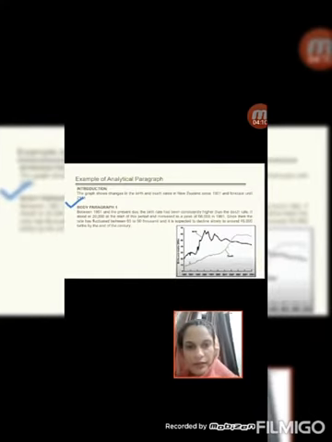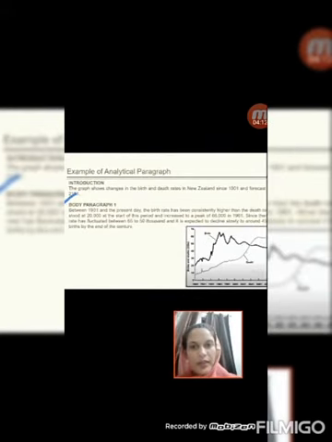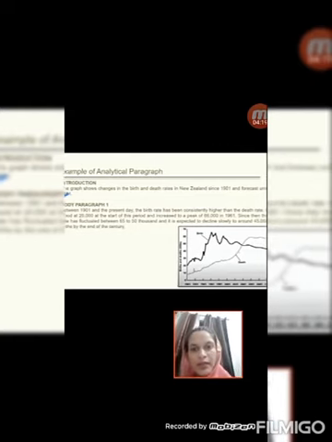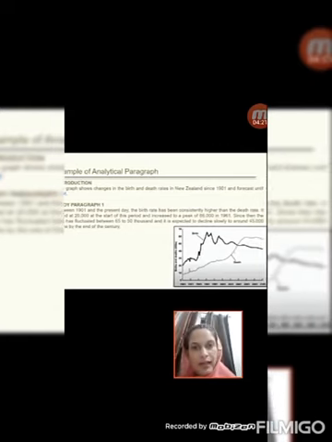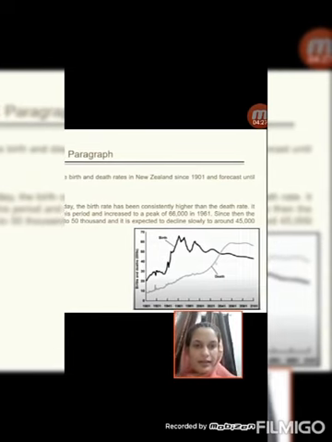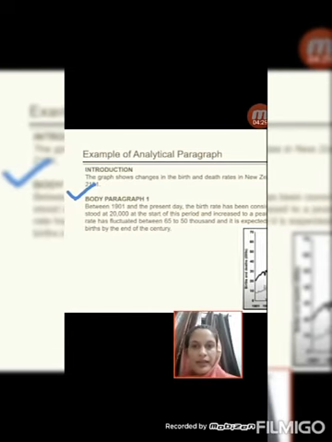All the previous things which I have talked about we will mention in the body of the paragraph. First of all, the first paragraph. Between 1901 and the present day, the birth rate has been consistently higher than the death rate. It stood at 20,000 at the start of this period and increased to a peak of 66,000 in 1961.